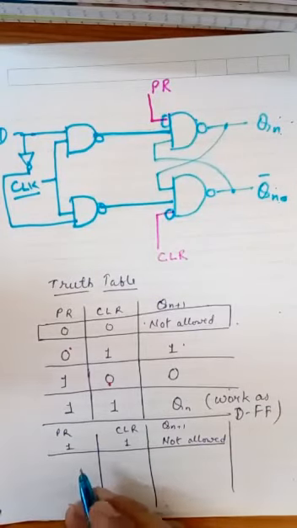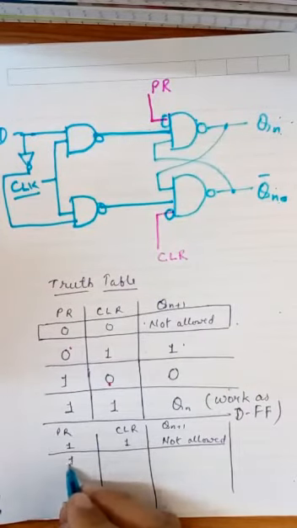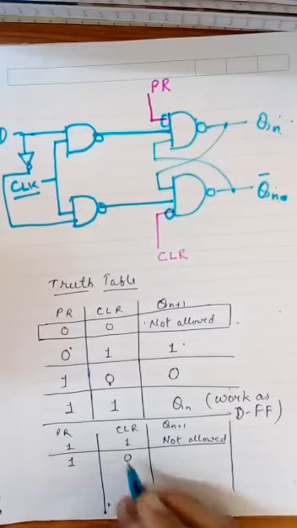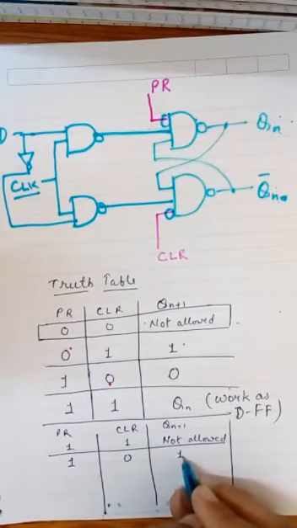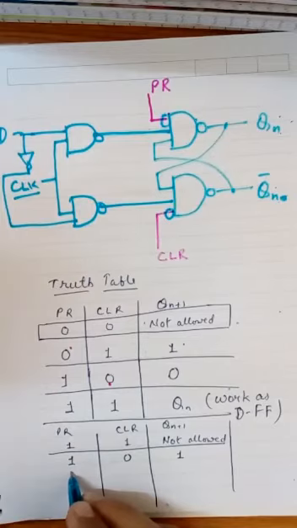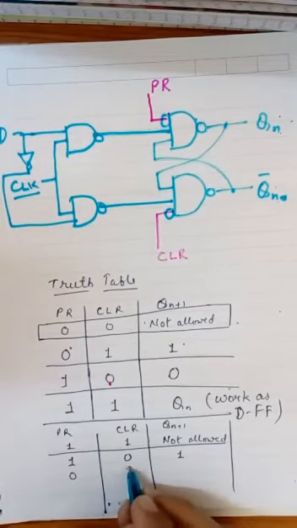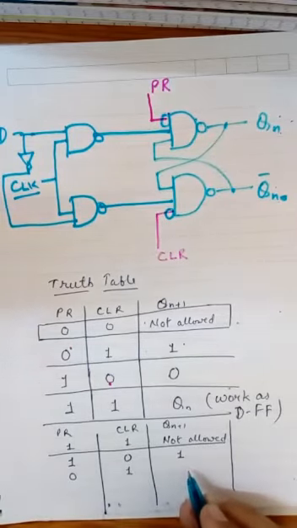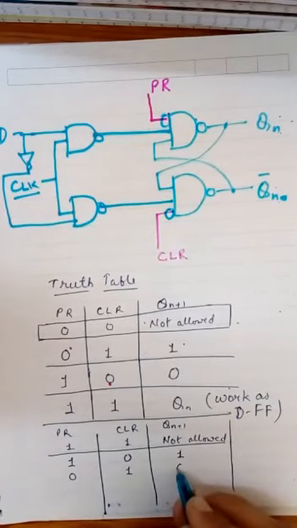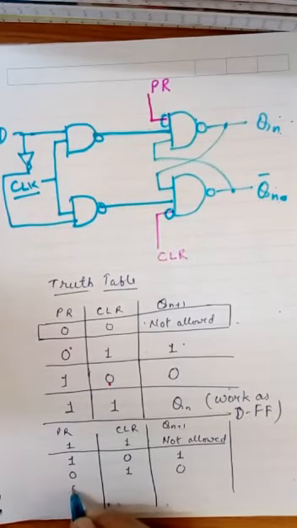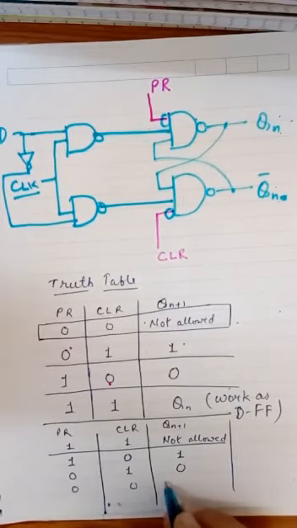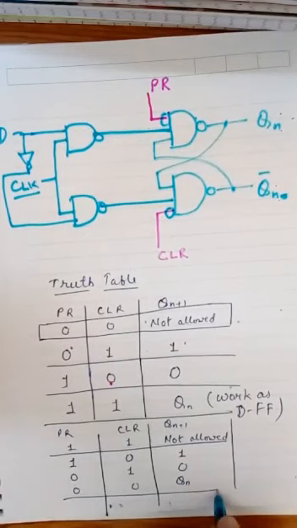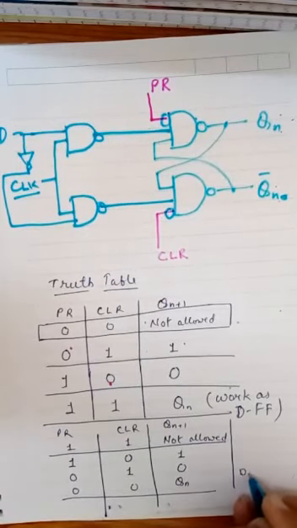Now if preset is equal to 1 and clear is equal to 0, then your output is set to 1, and if preset is equal to 0 and clear is equal to 1, then output will be 0, and if both the inputs are 0, then it will work as a normal flip-flop, and now we can use it as a D flip-flop.